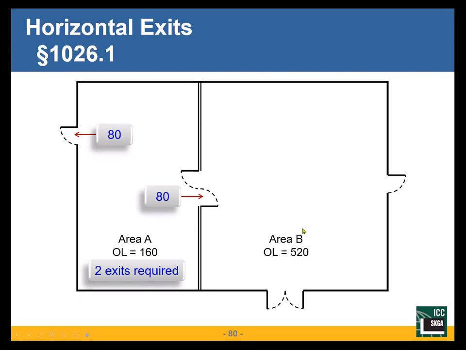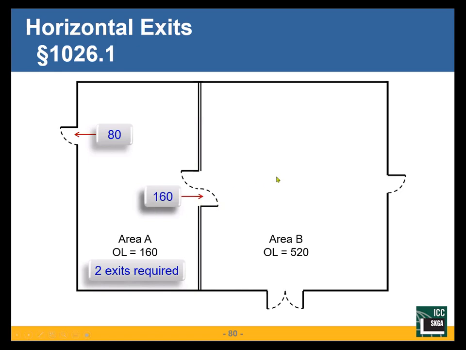of safe refuge, essentially. But a protected area passed through a 2 hour wall, they now have more time to exit the building. Current code says, wait a minute, whatever the occupant load here is, we're going to assume that the maximum occupant load that this door can handle travels this way.